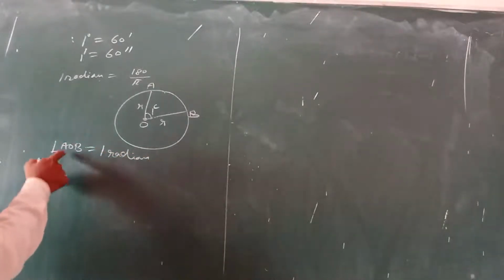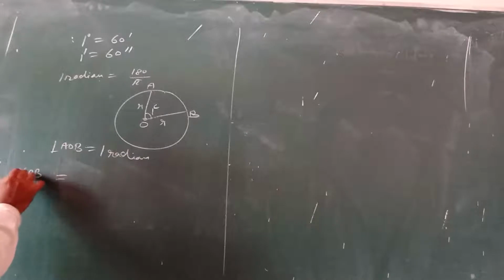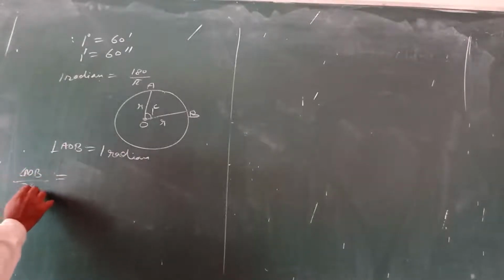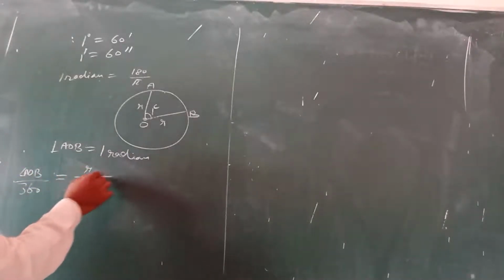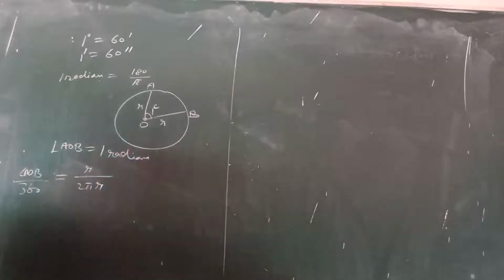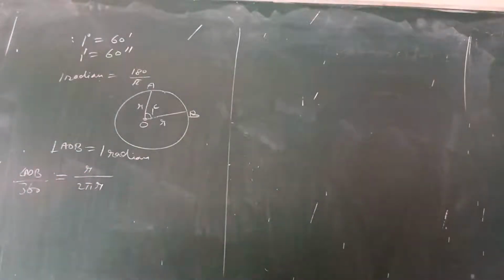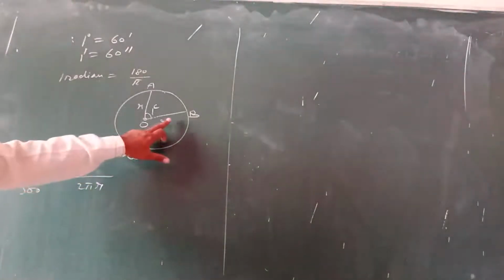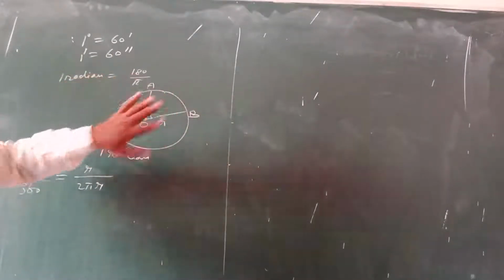And for 1 radian, angle AOB upon 360 equals r upon 2 pi r. Okay, r is the radius upon the circumference of the circle.